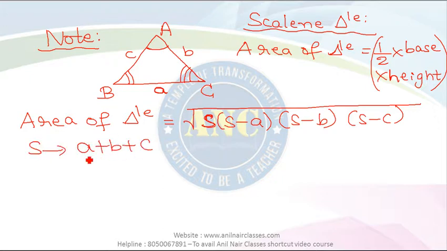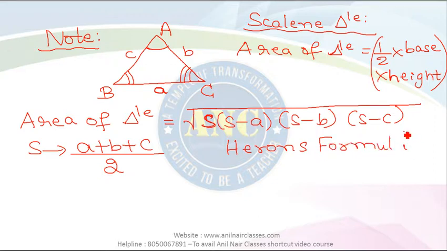Perimeter totally of this triangle is a plus b plus c. If I divide that perimeter by 2, then it becomes the semi-perimeter. We already know this. This is known as Heron's formula. Using Heron's formula, we can find the area of a scalene triangle.